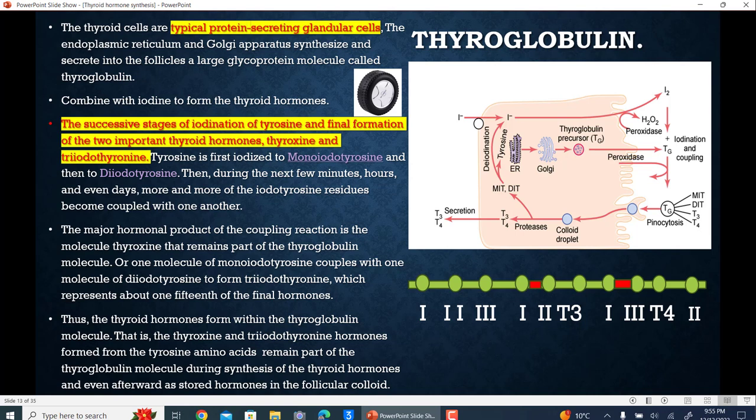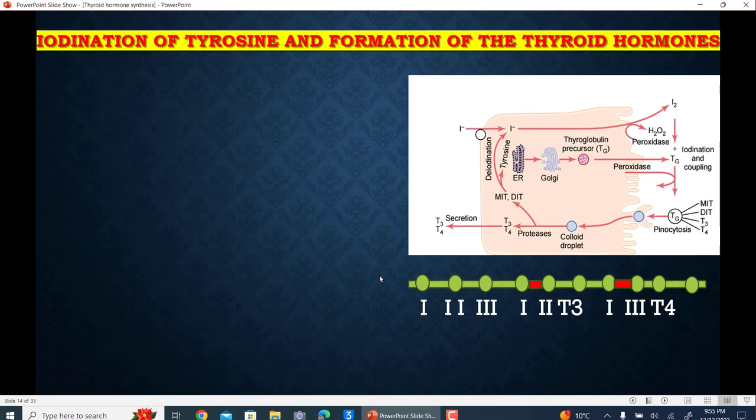The thyroxine and triiodothyronine hormones formed from the tyrosine amino acid remain part of the thyroglobulin molecule during synthesis of the thyroid hormones and even after they are stored in the follicular colloid. Iodination of tyrosine and formation of the thyroid hormones.